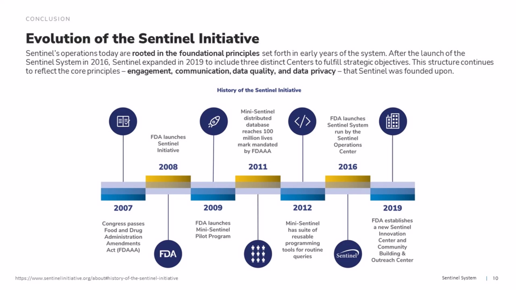The Innovation Center was created to expand the safety questions that can be addressed by the Active Risk Identification and Analysis, or ARIA, system. The Community Building and Outreach Center focuses on enhancing communications and collaborations and deepens stakeholder involvement. This new structure reinforces the core principles, engagement, communication, data infrastructure, and data privacy that Sentinel was founded upon.